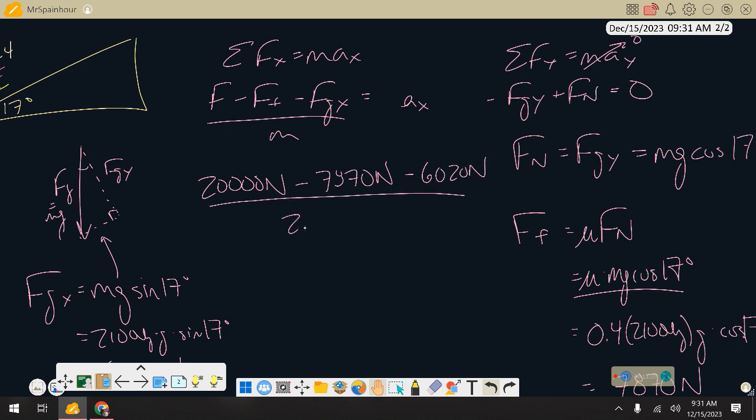And mass is, of course, 2,100 kilograms. So acceleration is equal to... I got 2.91, yes? Pretty close, there's a little bit of rounding there, probably.